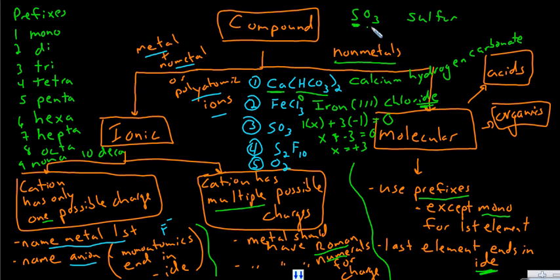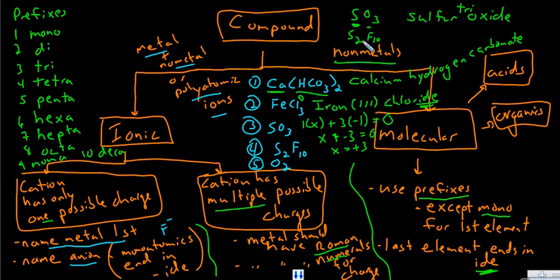And then I will say that there are oxides here, because oxygen is the last element here. However, we need to say how many oxides there are. You see that there are 3, so we'll call it sulfur, and when there's 3, we use tri. Sulfur trioxide.